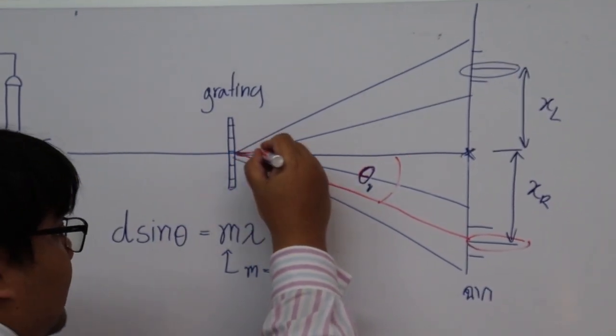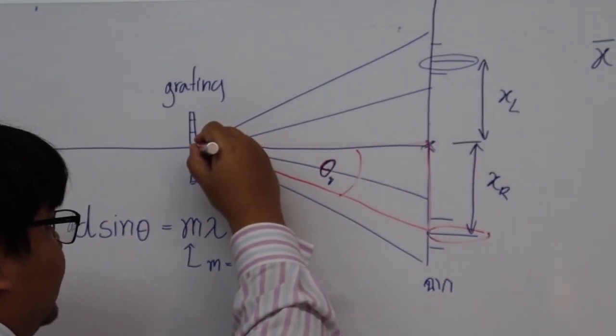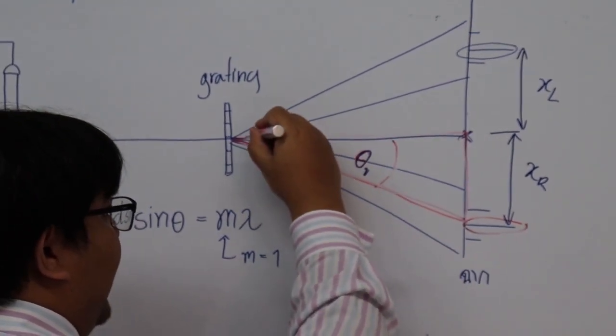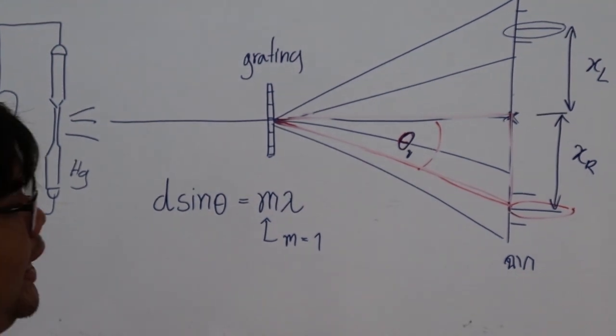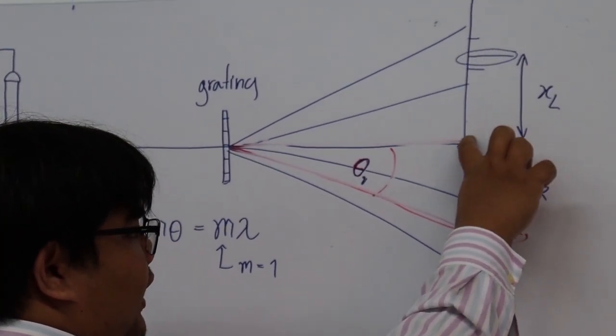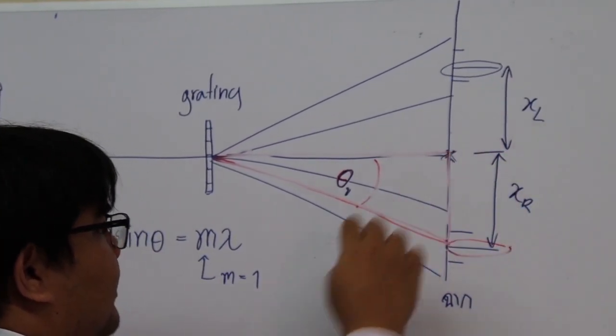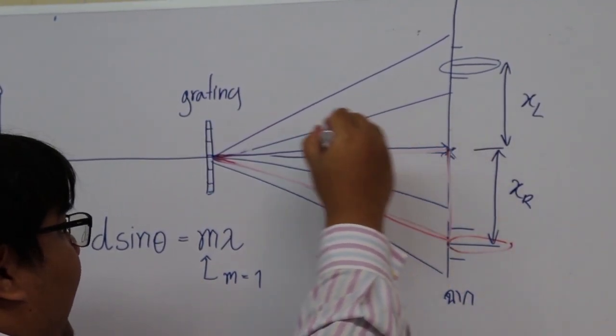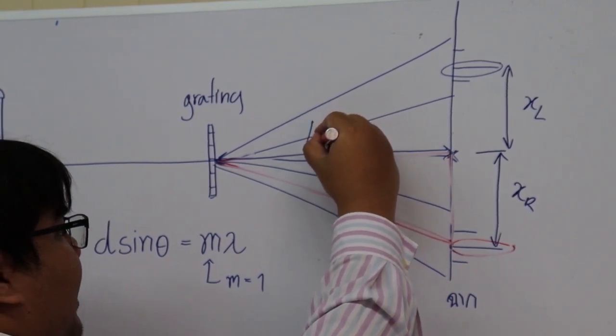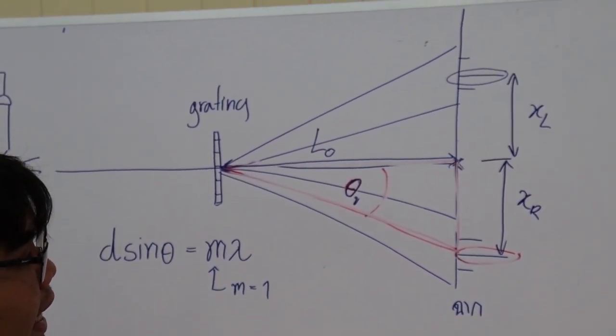Consider this triangle, this red triangle. If I know this distance, which is XR, and if I know this distance, I call it L0.